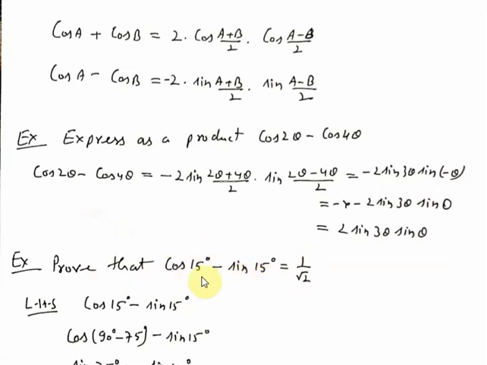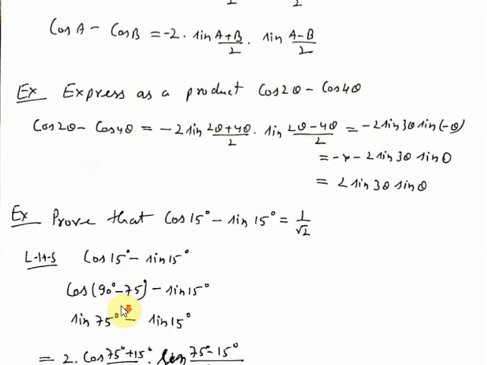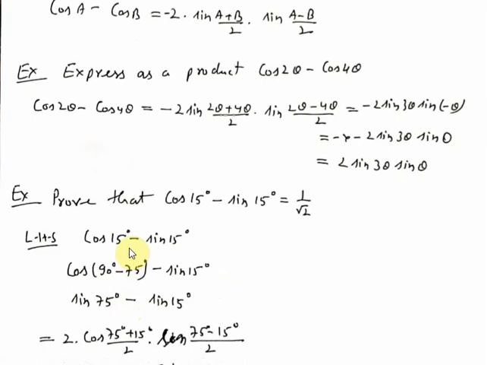So cos 15 degree we may rewrite as cos (90 minus 75). 90 minus 75 is also 15. Sine 15 as it is. Now cos (90 minus theta) is sine theta. That's why this is sine 75 minus sine 15.